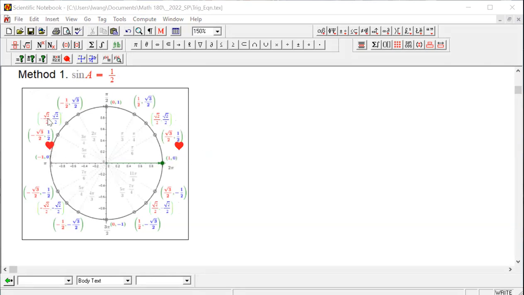That's R, the reference angle, because these two terminals tell us the reference angle. We already know the reference angle right there.